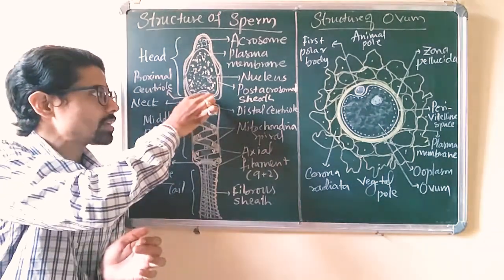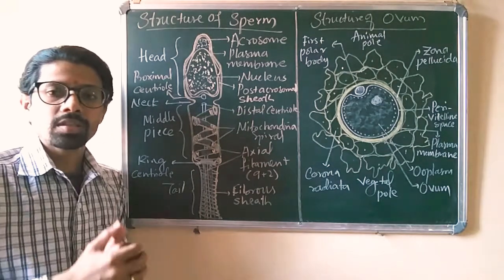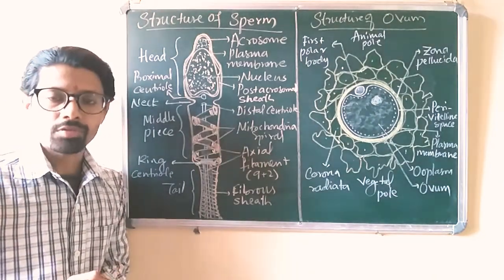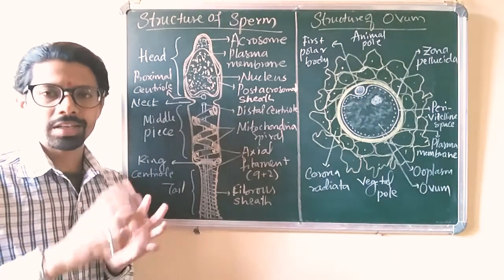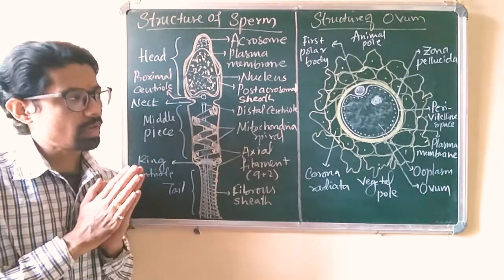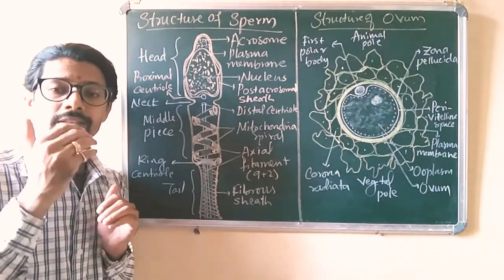Below it, in the neck region there are two centrioles. One is proximal, another one is distal. The proximal centriole is also a very important structure because in the human ovum there are no cell organelles except the nucleus, or you can say there are no cell organelles for cell division.